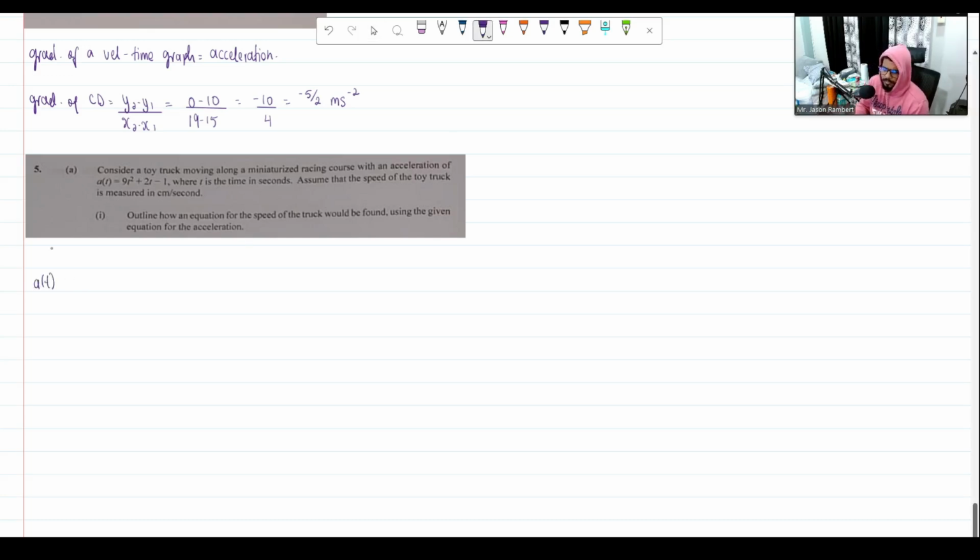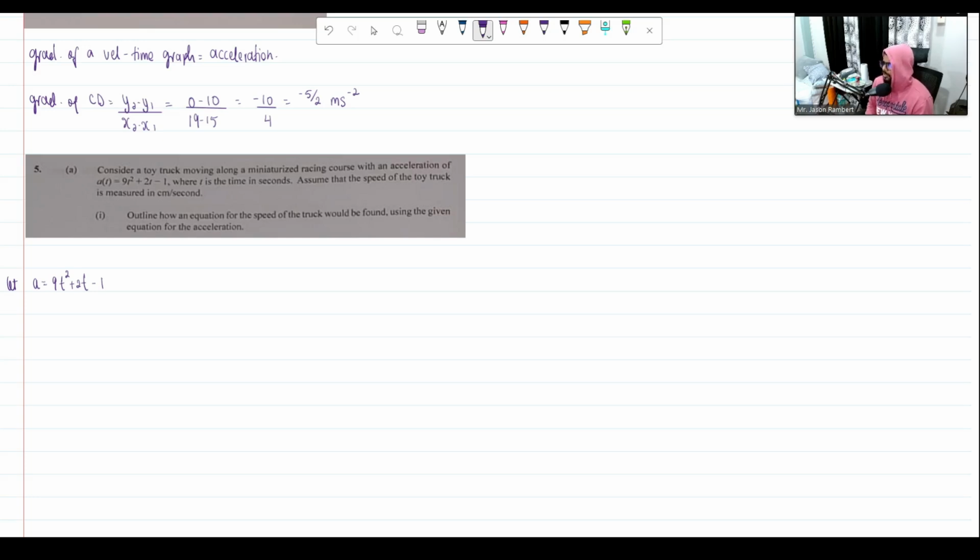Let a equal 9t squared plus 2t minus 1, where t is the time in seconds. Assume that the speed of the toy truck is measured in centimeters per second. Outline how an equation for the speed of the truck would be found using the given equation for acceleration.